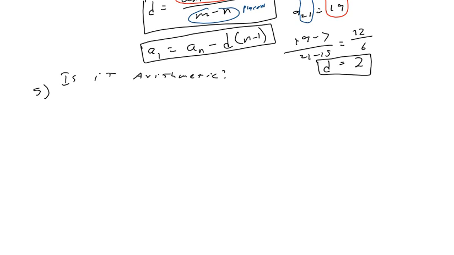And if so, find the common difference. So number 5 says I have negative 24, negative 16, negative 8, 0, 8, and that's my pattern.